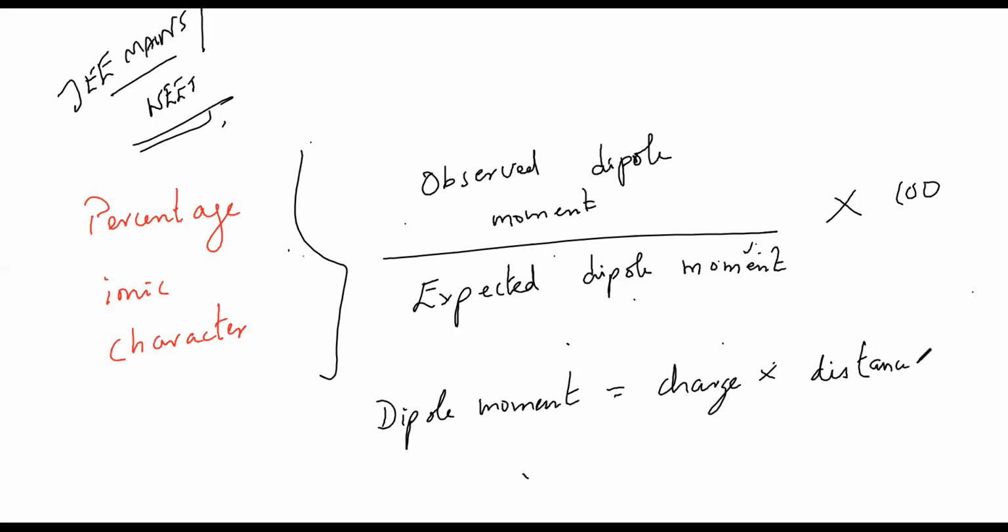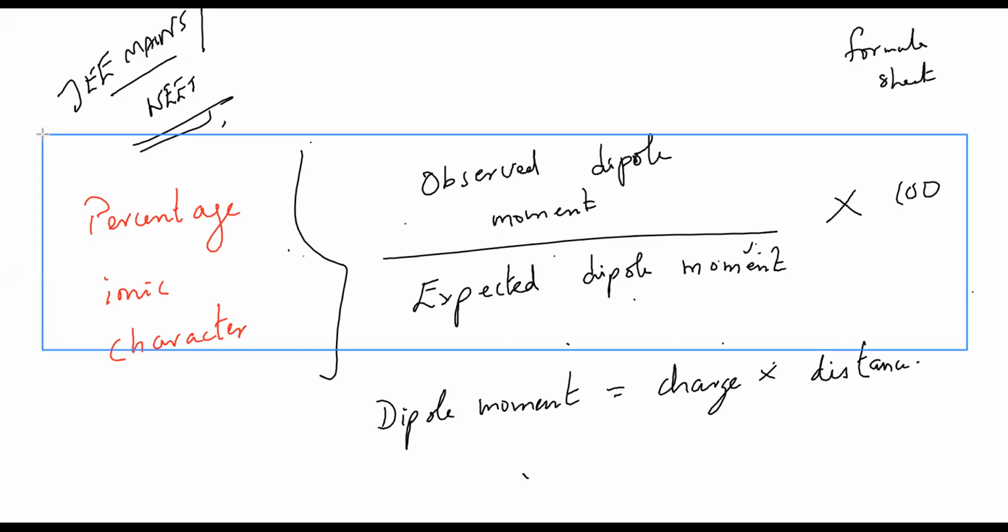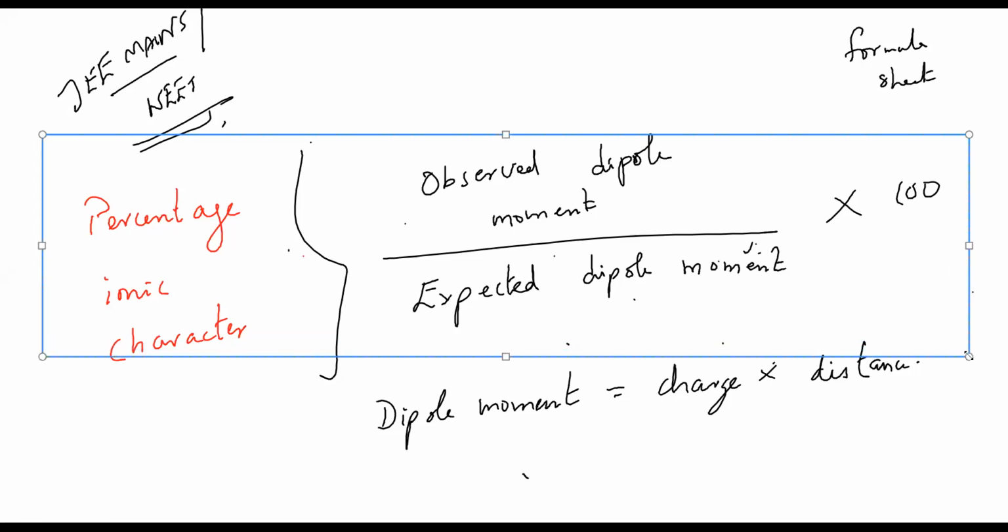So guys, for physics, chemistry and maths, we have to have a formula sheet. An A4 size formula sheet you should have, and you should write down these formulas. The one which I have shown here now in a very small form. So this is an important formula. Dipole moment, obviously you will learn: charge into distance, that's it.